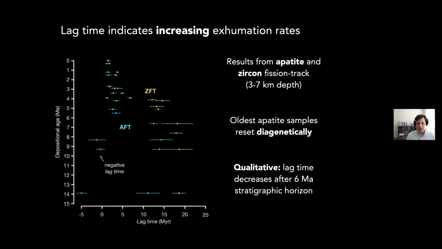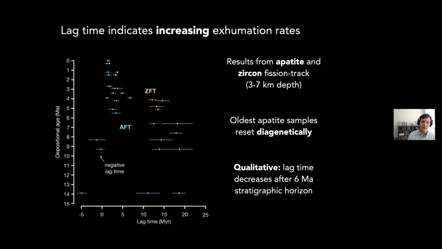Okay, so these are the primary results that we have put together for two different thermochronometric systems, both fission track, but for apatite and zircon minerals. So the yellow are zircon fission track results, and the blue are apatite fission track results. You don't really need to know the details of what fission track means versus other thermochronometric methods.